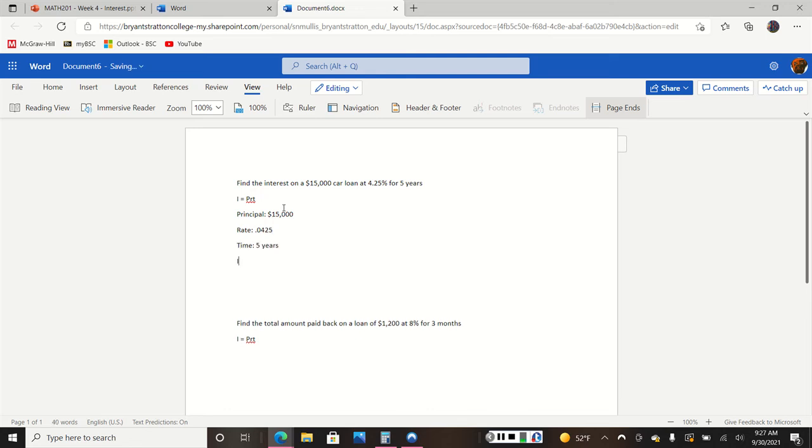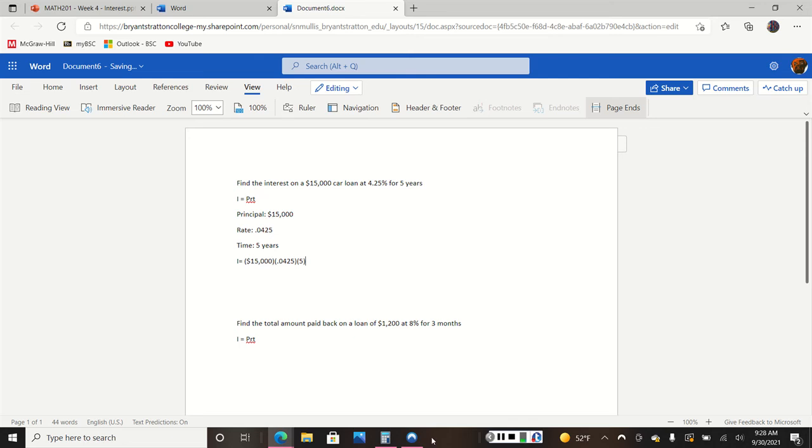So we're just going to enter that into our equation. So I equals 15,000, and this time I'll just put them side by side without using the multiplication symbol, times 0.0425 times 5 years.